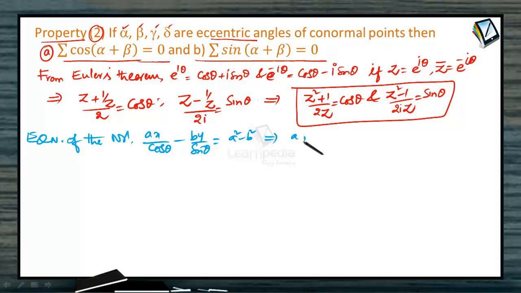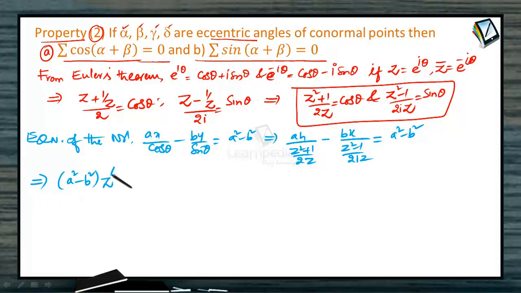Then it becomes ah/((z² + 1)/2z) - bk/((z² - 1)/(2iz)) = a² - b². If I simplify, then I'll get an equation like (a² - b²) z⁴ - 2(ah - ibk) z³ + 2(ah + ibk) z - (a² - b²) = 0.